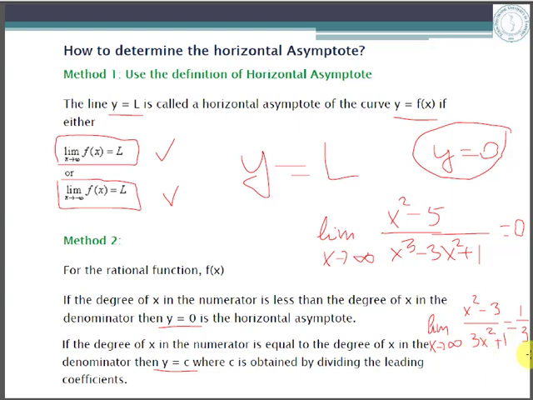So this is 1 over 3, and it means our L is 1 over 3 in this case. So the horizontal asymptote we define by the following equation: y is equal to 1 over 3. This is finding the horizontal asymptote of the function.